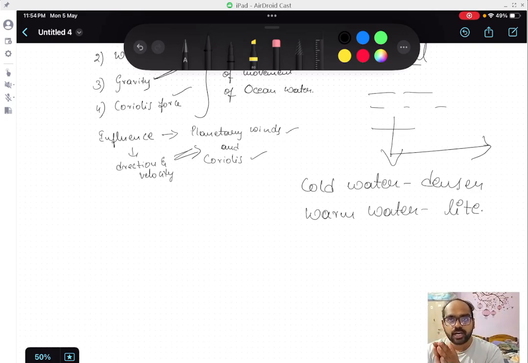Vertical movement happens due to differences in densities, so that cold water sinks down and travels towards lower latitude regions, and expansion of the warm water will travel towards higher latitude regions. Yes, this is about ocean currents. And due to these movements, different types of ocean currents are generated on the entire planet Earth. And we will look into it now.